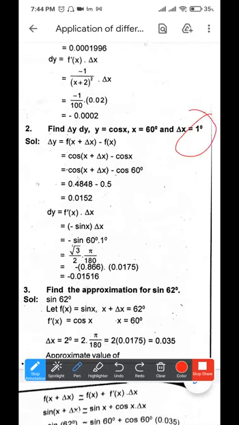Okay. So delta y is equal to f of x plus delta x minus f of x. Substituting x plus delta x, minus the same f of x is here. F of x, both are the same.